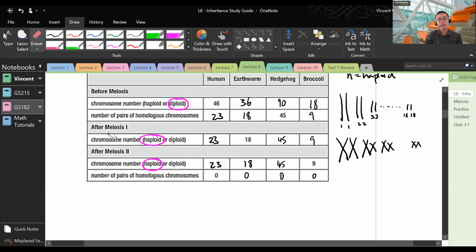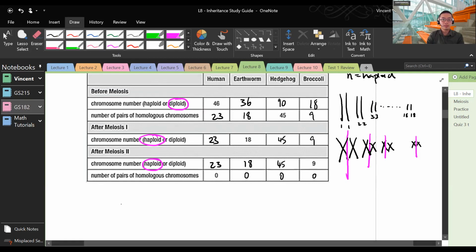But then after meiosis 1, these things are going to separate, right? One of them will go to one cell, the other will go to the other cell. So essentially, you're taking the starting number and dividing it by 2. And then afterwards, the sister chromatids will separate again, and you will still have 18.